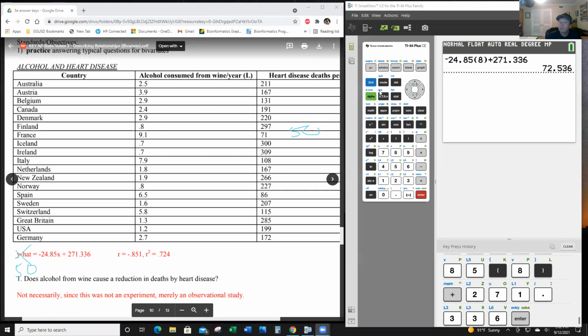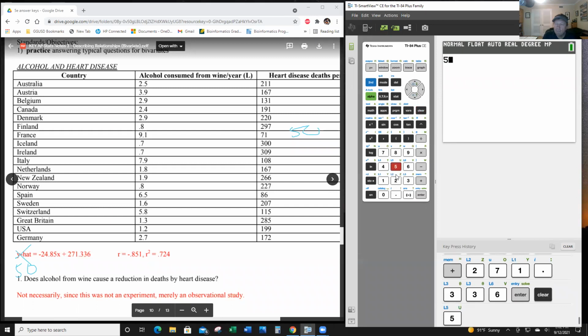Okay, so we clear this. So if we go 50 in for Y hat, we would then go 50 using algebra minus 271.336, and then divide that by 24.85.